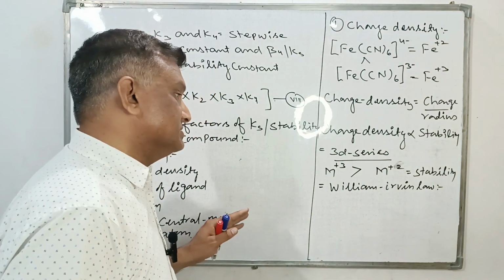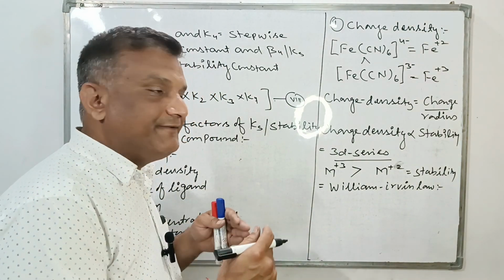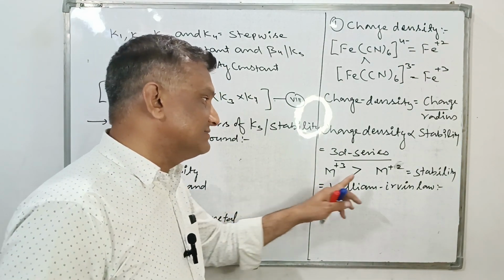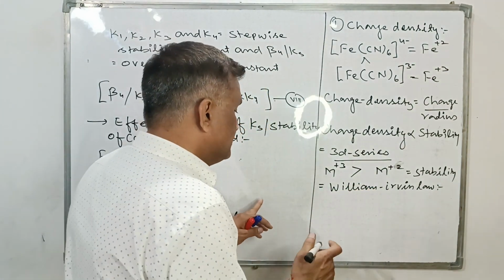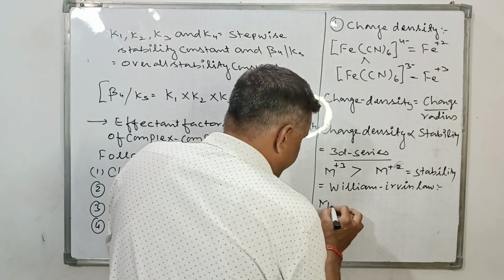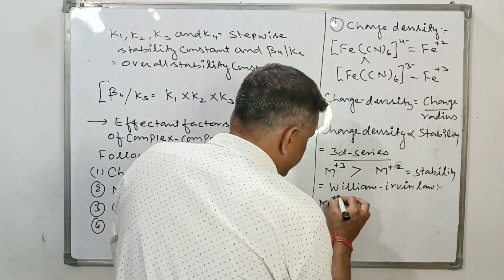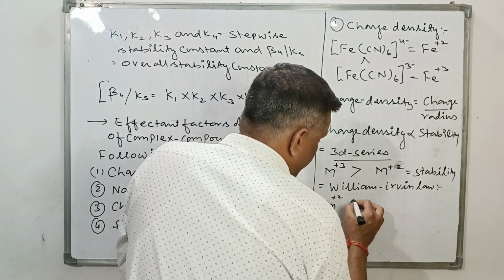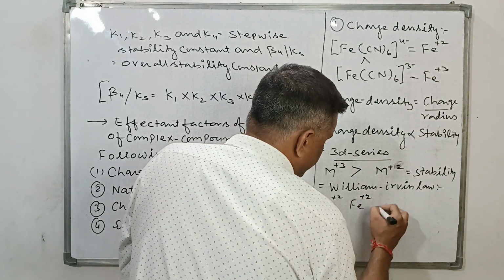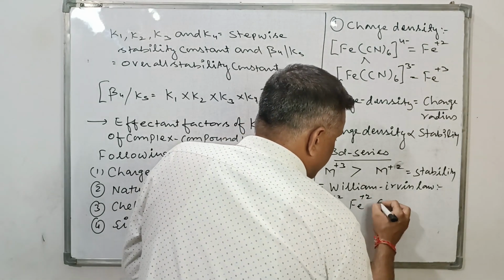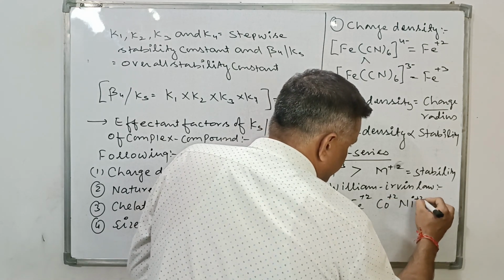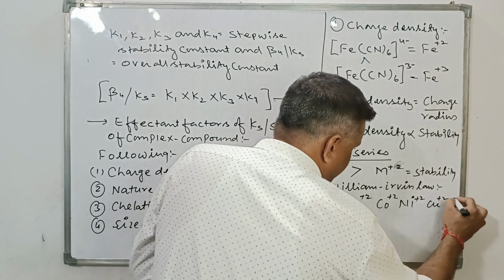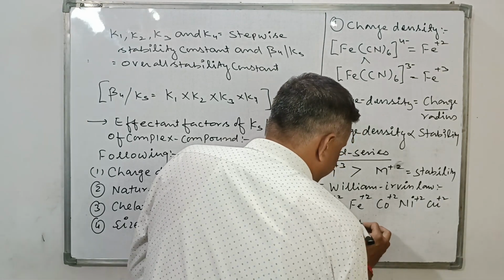They told the stability for the divalent central metal atom will be as follows. So this is Mn plus 2, Fe plus 2, cobalt plus 2, nickel plus 2, copper plus 2, and zinc plus 2.